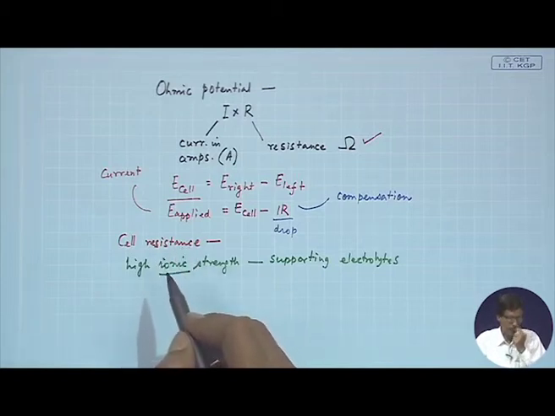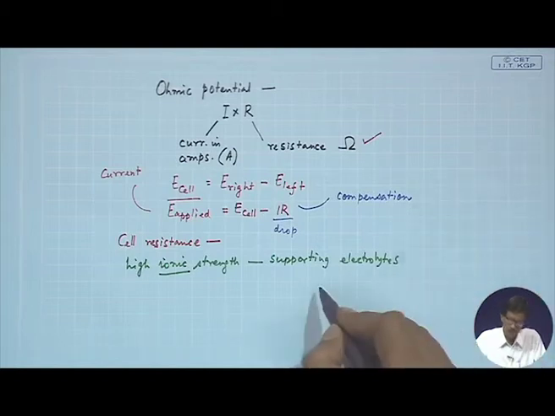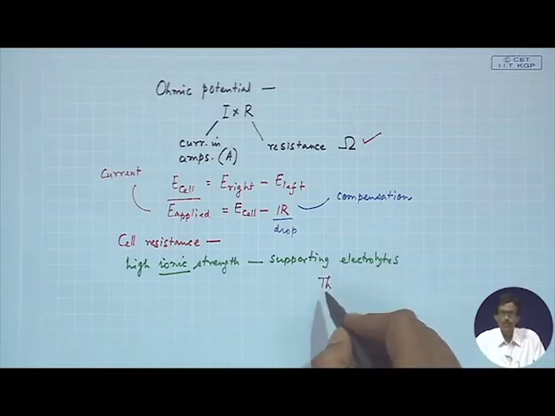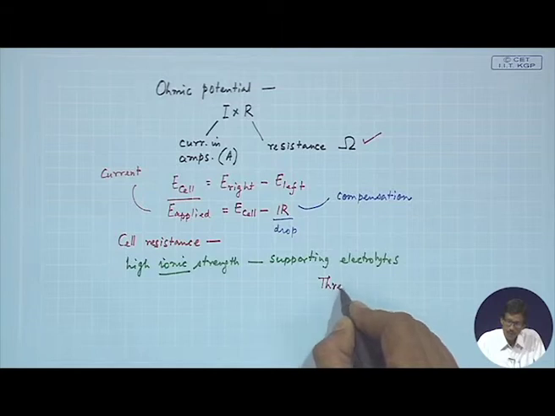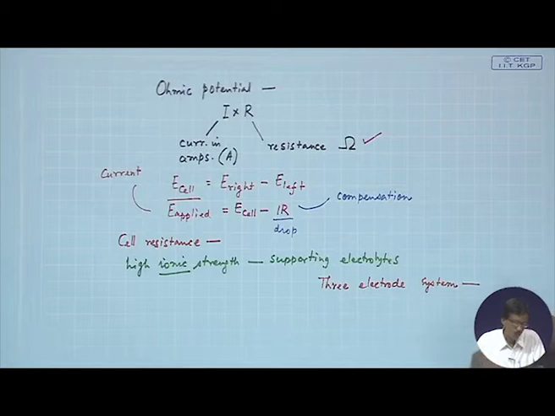So, IR drop will be less. As a result, we go for a 3 electrode system instead of a 2 electrode system, because in cyclic voltammetric measurements also we will find a 3 electrode system, and that is very useful for the cell.